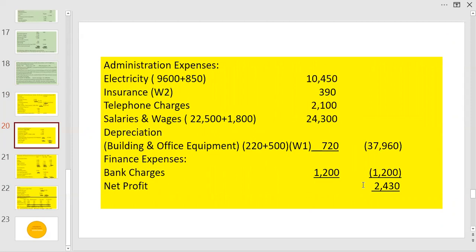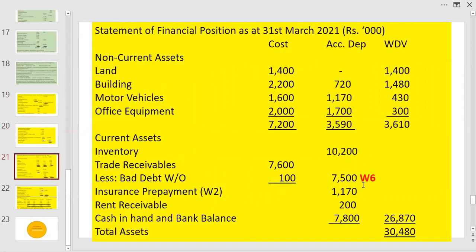Now let's look at the balance sheet or financial position statement. Non-current assets are shown here on the recommended format, which demands the historical cost, accumulated depreciation, and the present written down value. Current assets are shown by showing the least liquid assets at the bottom.